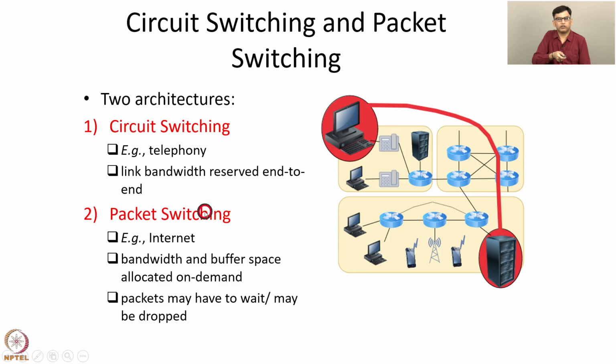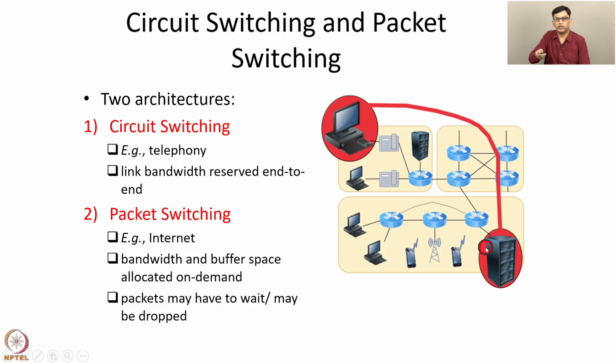In contrast, in the case of packet switching, which is used in the internet, there is no reservation of bandwidth in advance. Instead, bandwidth and buffer space are allocated on demand. So if a server wants to send a file to a client, it just breaks the file into chunks called packets, and then sends the different packets independently over the network towards the client.